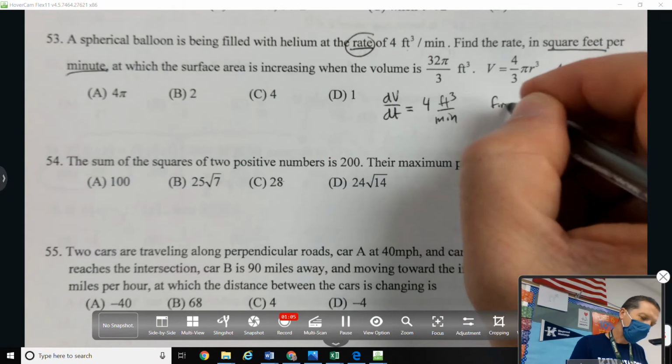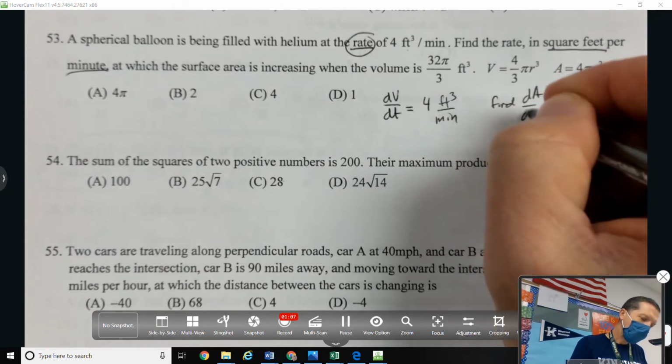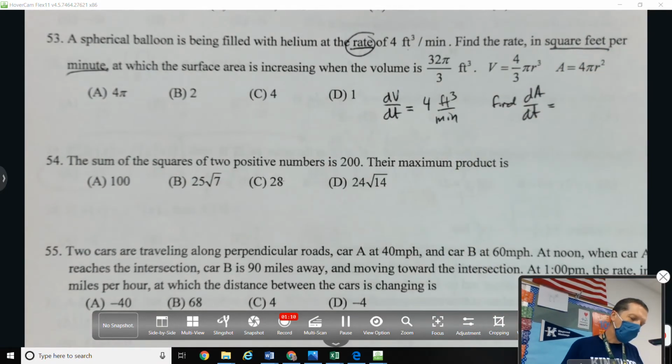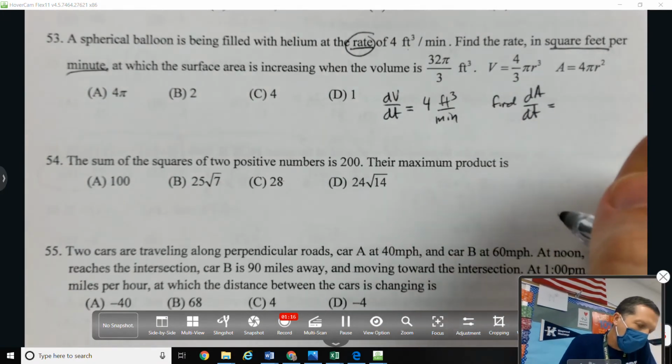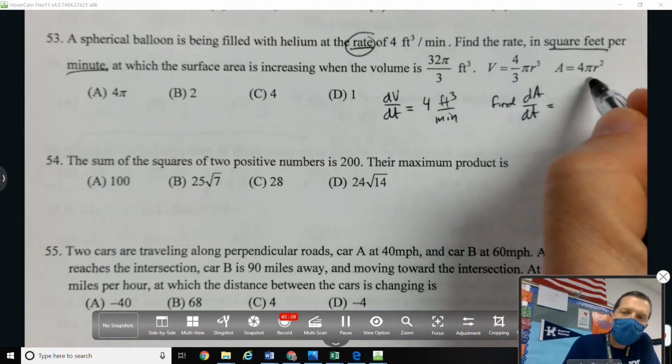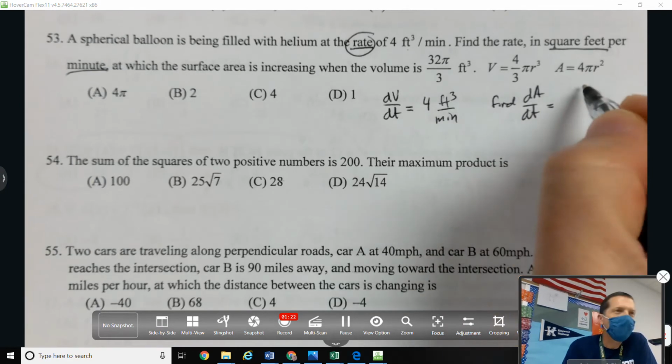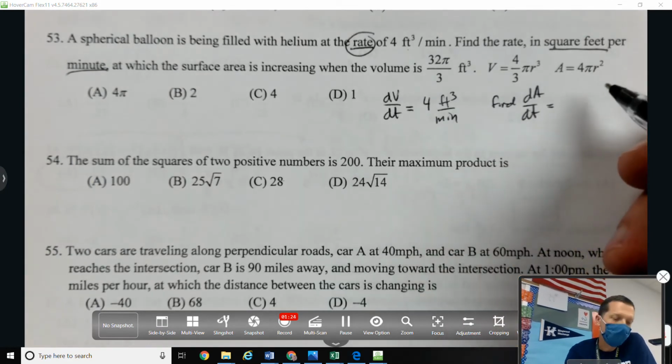So I'm going to find dA/dt when the volume is that. So dA/dt is what they want us to find, so let's start there and work backwards if we need to.